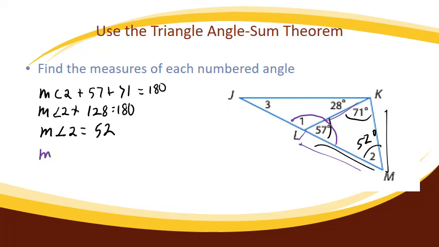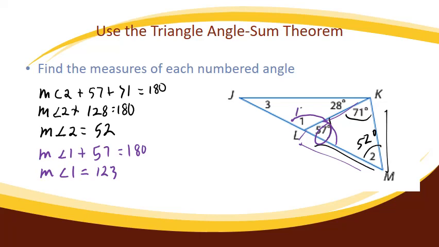So the measure of angle 1 plus this angle MLK, that's 57, has to equal 180. If I subtract 57 from 180, then 10 minus 7 is 3. We had to borrow the 1 from the 8, so I've got 7 minus 5 is 2. It's going to be 123. So the measure of angle 1 is 123.